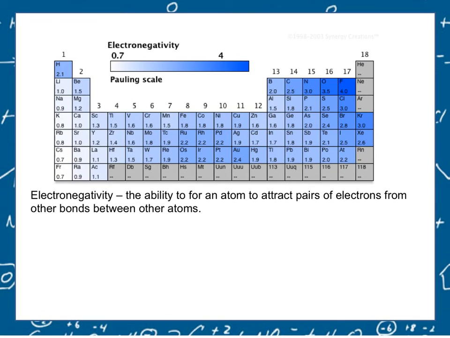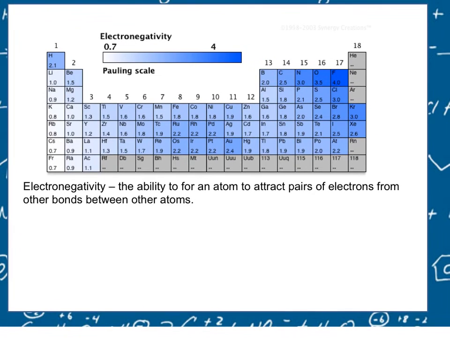Okay. The last two trends are very, very similar with each other. So I'm going to define the trends for you, and then we'll look at the AP safe language here in a second. Electronegativity is the ability for an atom to attract pairs of electrons that are currently in other bonds.